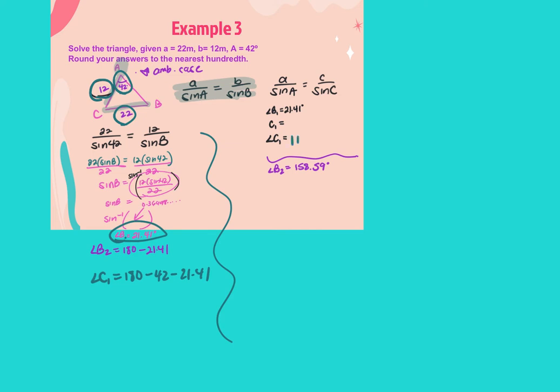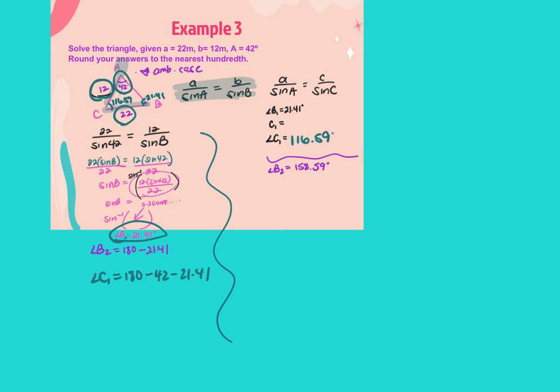And that's 116.59 degrees. So now I found this one, 116.59, and we found B1, 21.41. Now all that's left from that first triangle is side C1.